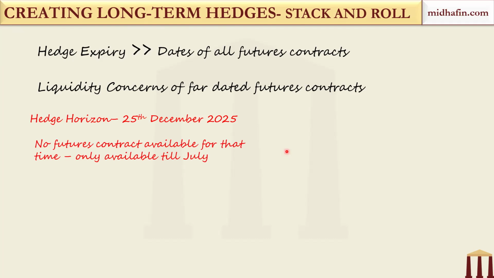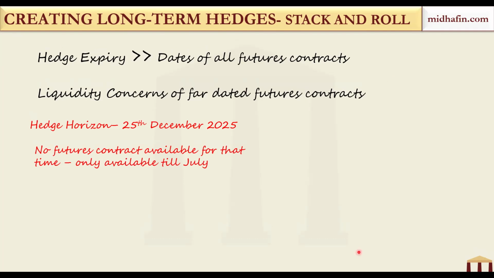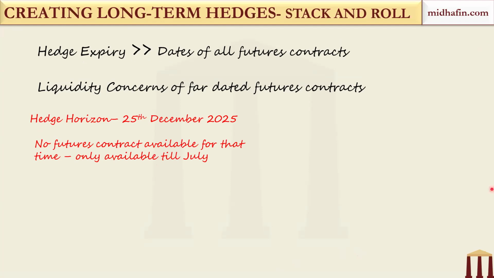Now what I mean when I say illiquid, let me share my screen and open the MCX website directly. Let's see if we can find the futures prices. We were discussing investing.com, right?